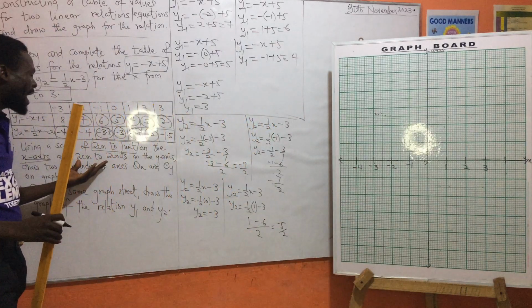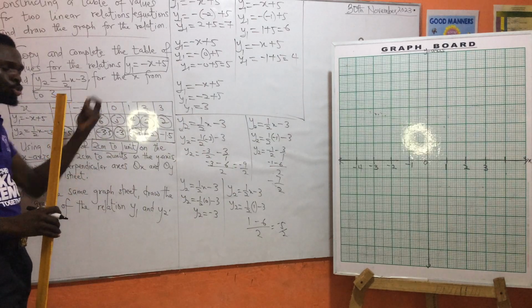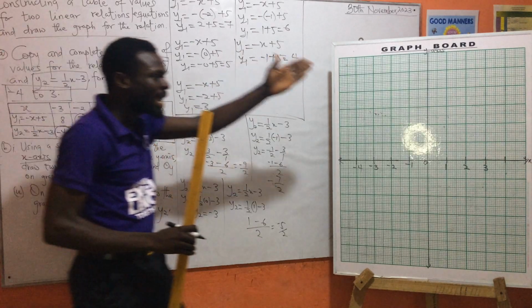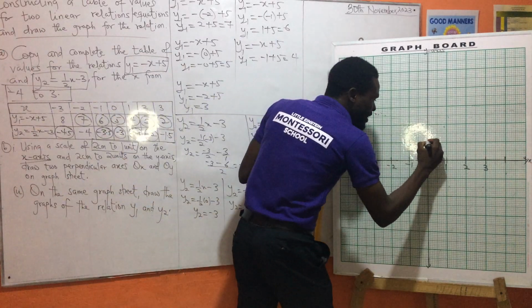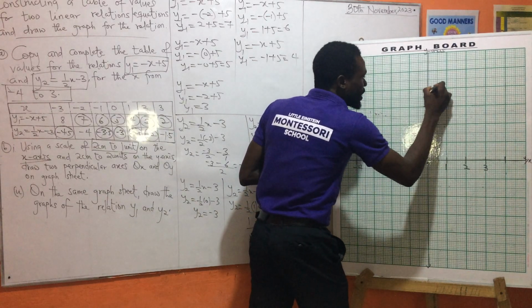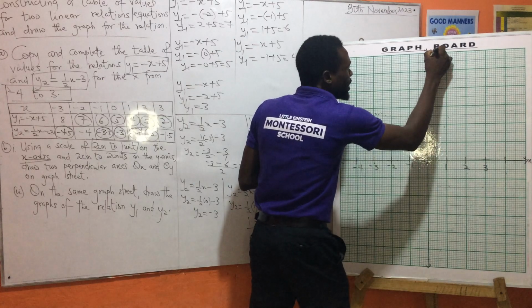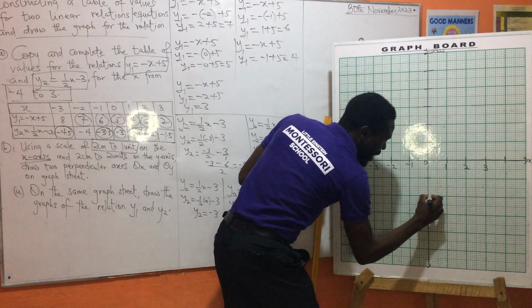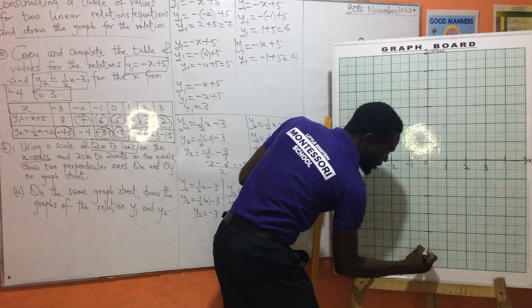Then the y-axis is 2 centimeters to 2 units. That is the y-axis. So also 2 centimeters from one thick line to the next thick line, to the next thick line. So that one is 2 units.